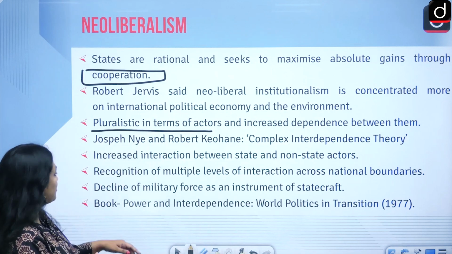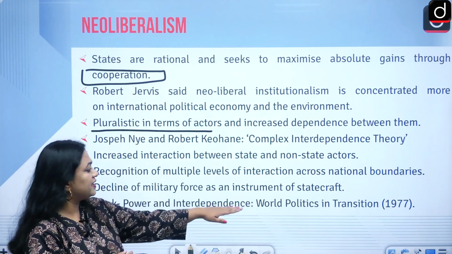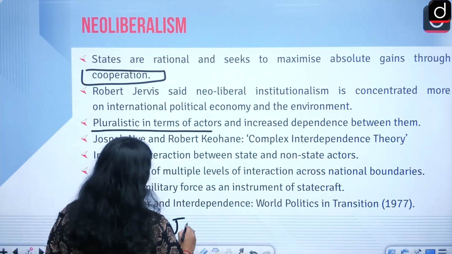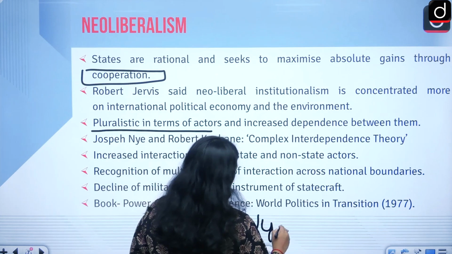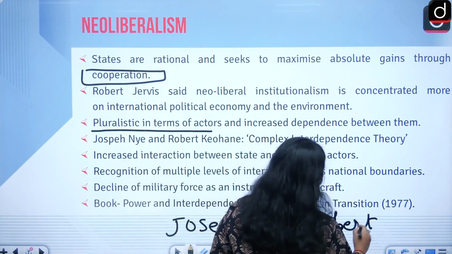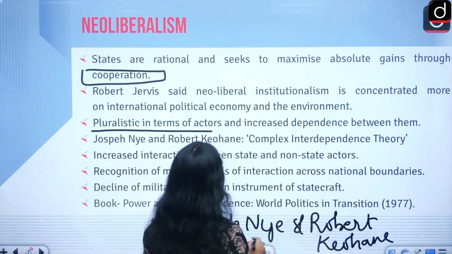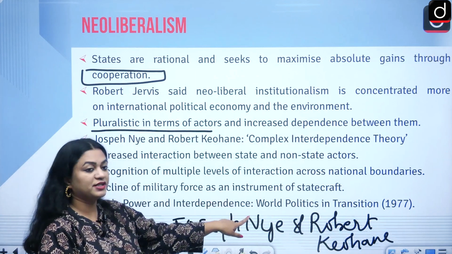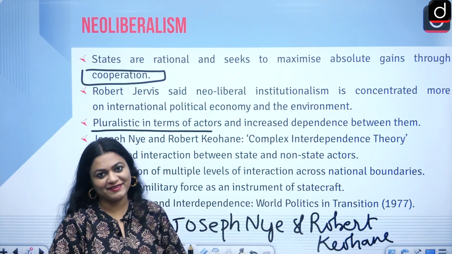Then there is the book by Joseph Nye and Robert Keohane, Power and Interdependence: World Politics in Transition. This was published in 1977.